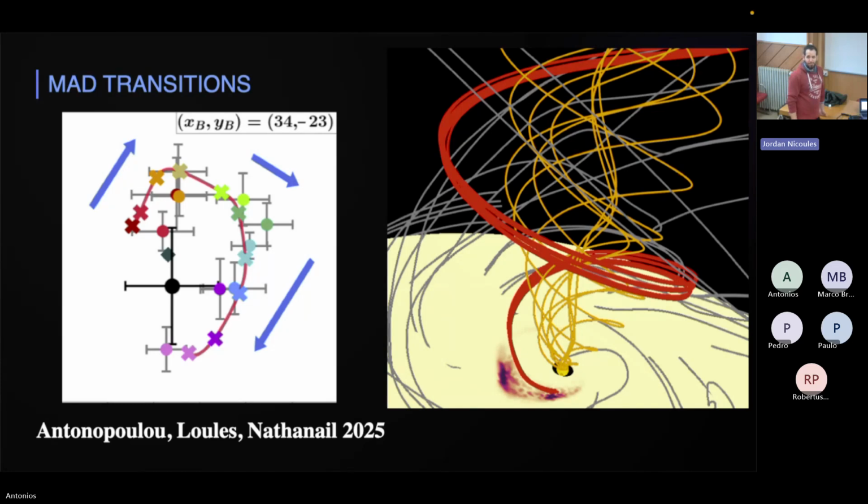Exactly. Later I heard some other arguments saying that the motion is actually not super-Keplerian, but because of the scale at which they look, it appears super-Keplerian when they do the astrometry.